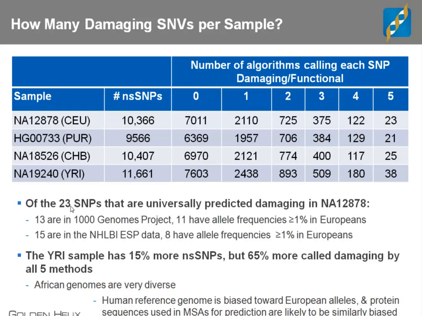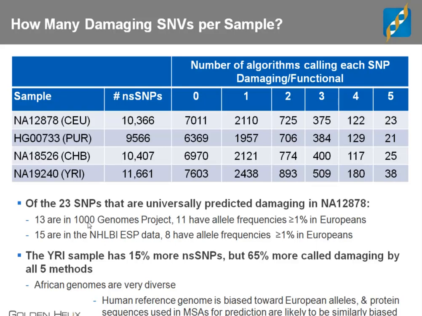Now, of the 23 SNPs here in this cell, so this is in a European sample, NA12878, which is a very well characterized sample that's used in a lot of benchmarking processes, we can see that of those 23 that are uniformly called damaging, 13 of them are in 1,000 Genomes Project, and 11 have allele frequencies greater than 1% there.